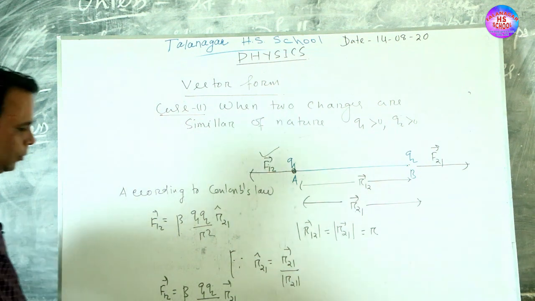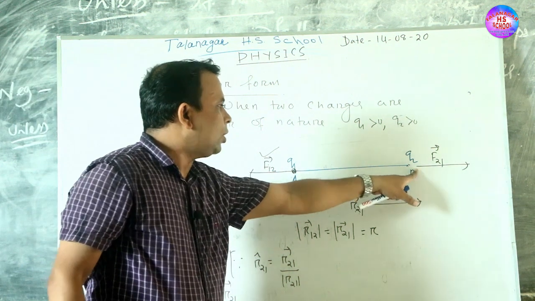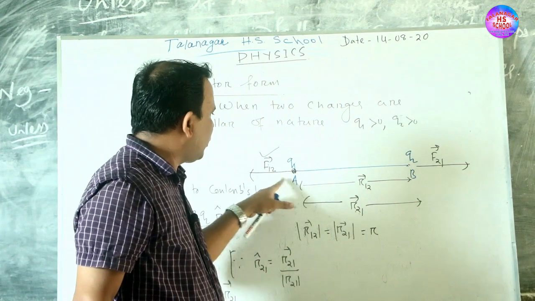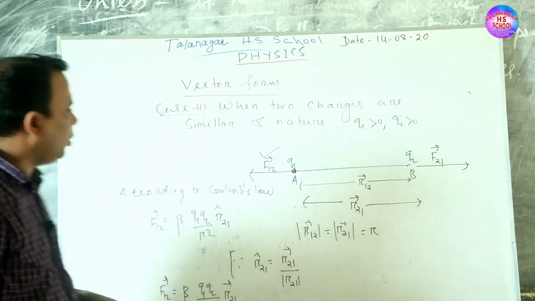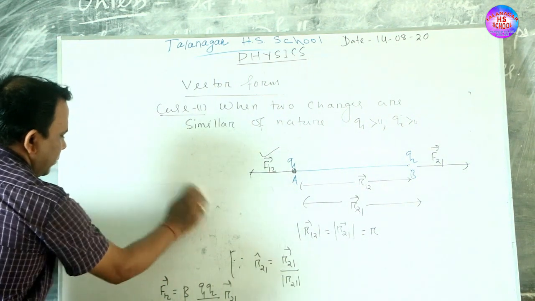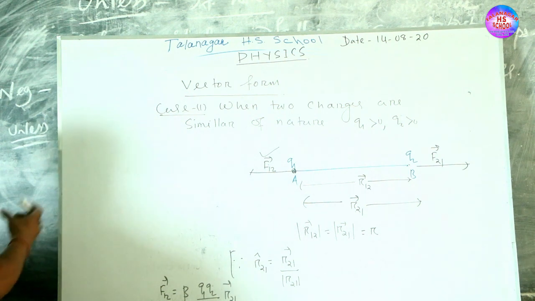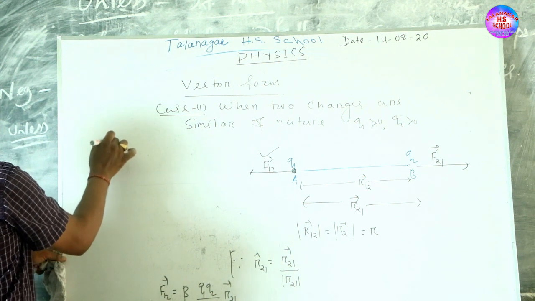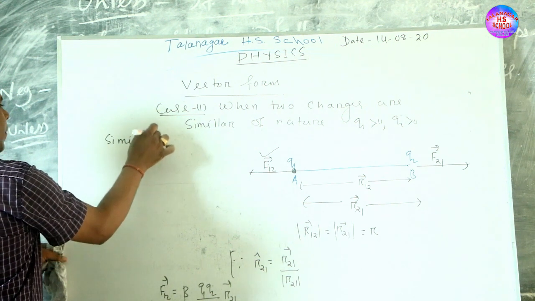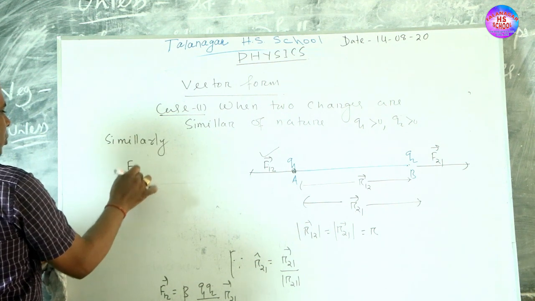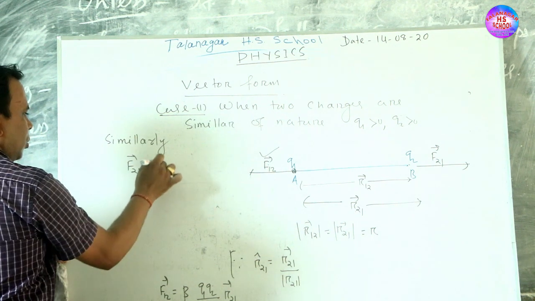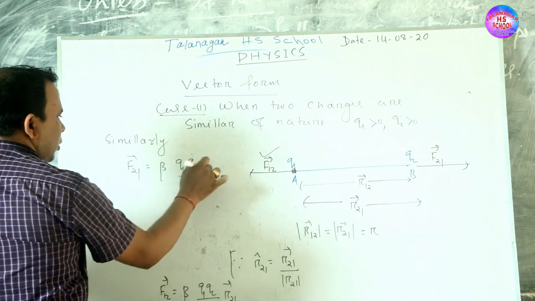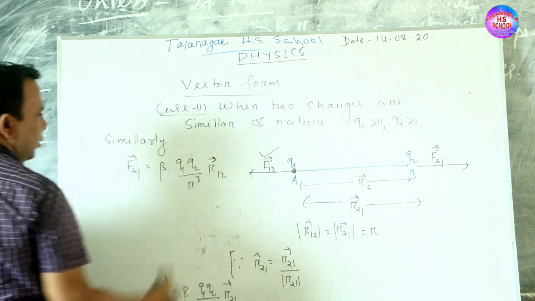Similarly, the force acting on charge Q2 due to Q1, with displacement from Q1 to Q2: F21 is equal to beta Q1 Q2 by r cube into R12 vector.